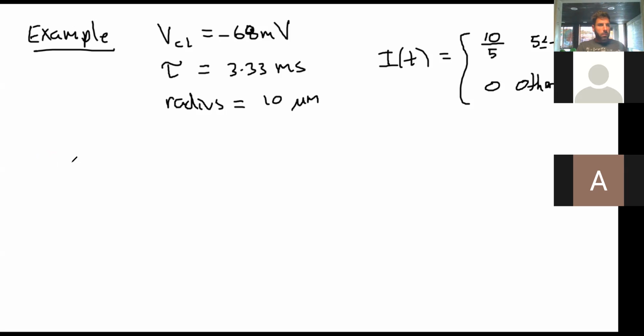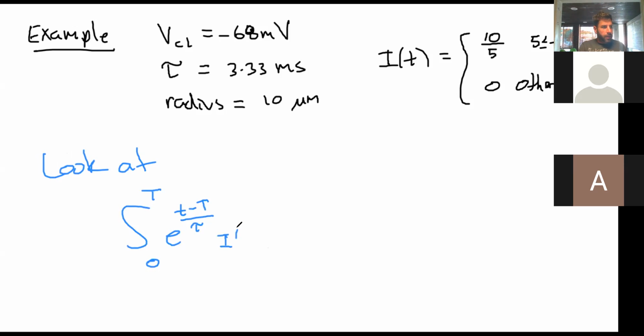Look at the integral that we're interested in, this guy, right? It's not always as easy as you might think to do this. So what is this going to be equal to? Well, it depends on what t is.